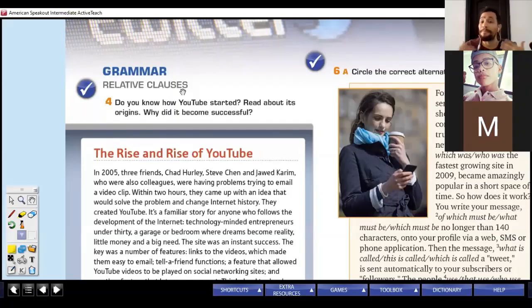But before going on to relative clauses and speaking about the types and all of this, we need to know what the relative pronouns are and how to use them, right? Because I know maybe some of you don't remember how to use them, or maybe you're still experiencing some problems when you have to use them.